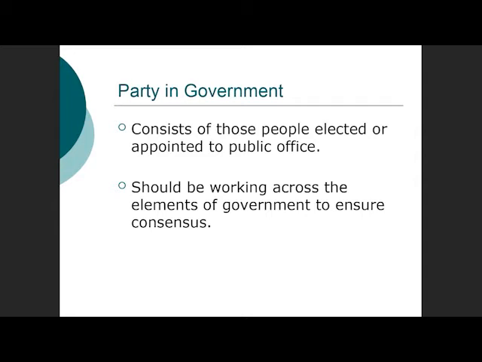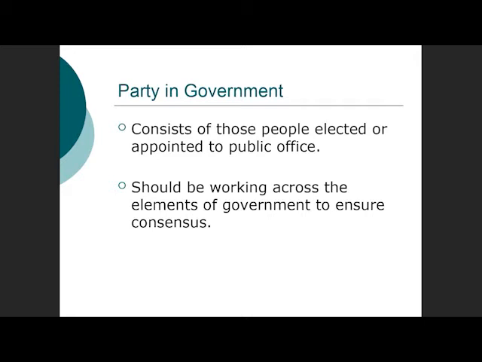If you were to identify a Democrat that's elected to government, they would be part of the Democratic Party in government. If you were appointed to a judgeship, you would be whatever party you belong to in their party in government.